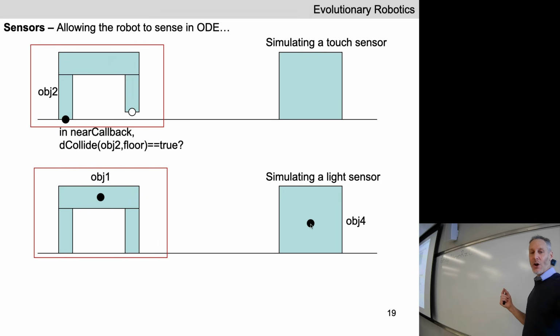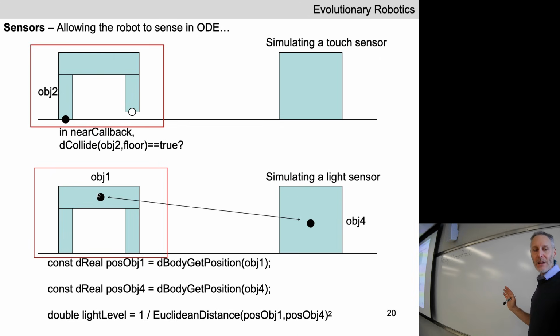Remember, the physics engine knows the x, y, and z coordinate of every object at every time step. It's already computed that for us for collision detection for other things. It has that information on hand. So if we could ask for the x, y, z of object 4. And let's just do object 1 here. And we could connect them by a line. And sure enough, we could see that this line, if we connect it, this line would enter the inside of object 1.